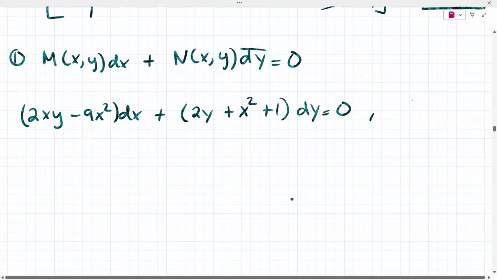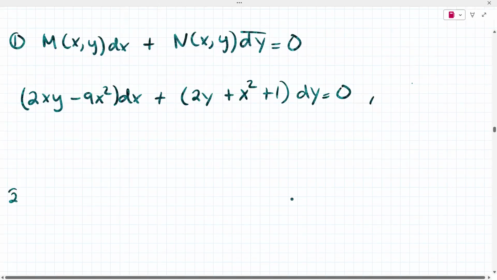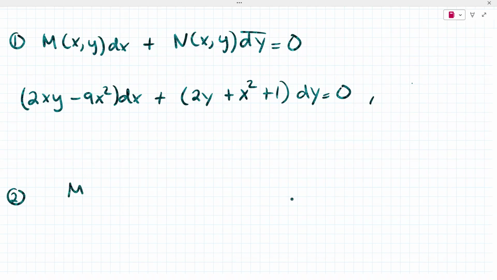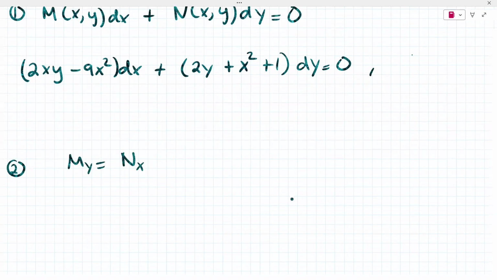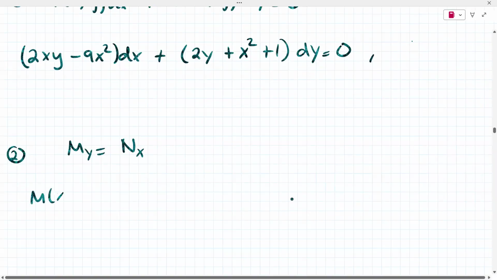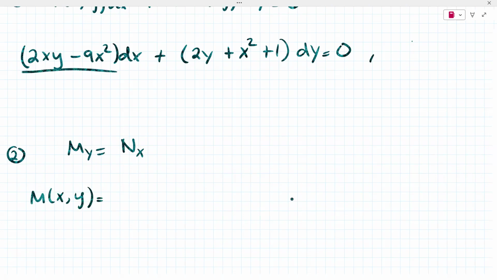Okay, step 2. Does m of y equal n of x? So my m of xy is this whole thing, 2xy minus 9x squared.